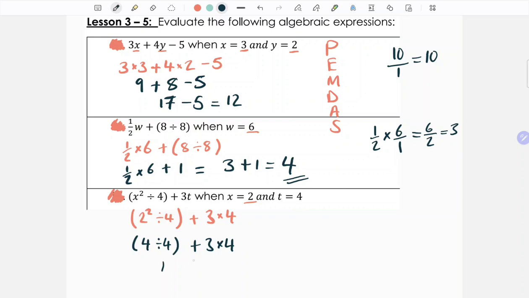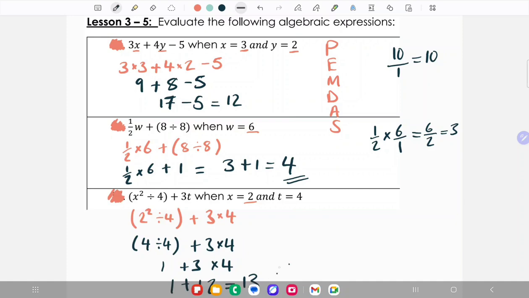So 4 divided by 4 is 1. 1 plus 3 times 4. What do I do first? Do I do the addition or the multiplication first? Let's look at our order of operations, PEMDAS. We do multiplication and division before addition and subtraction. So we're going to do the 3 times 4 first. So 3 times 4 is 12. 1 plus 12 equals 13. And that's our answer.